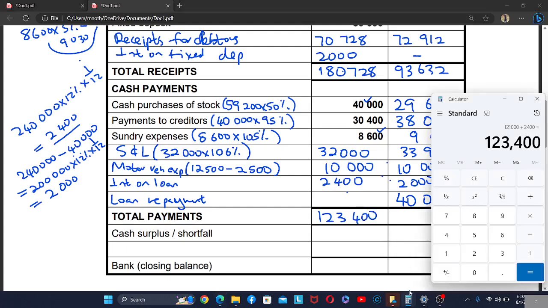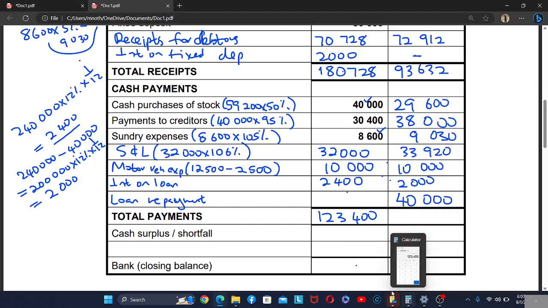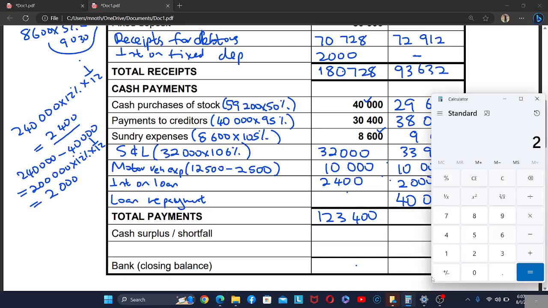Then for October, 29,600 plus 38,000 plus 9,030 plus 33,920 plus 10,000 plus 2,000 plus 40,000.